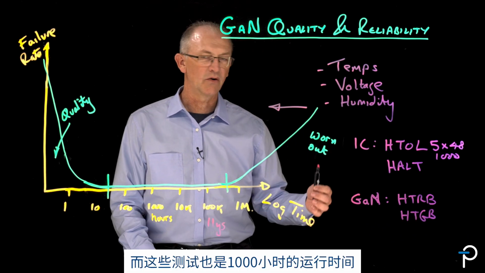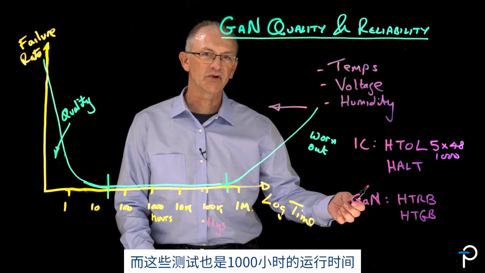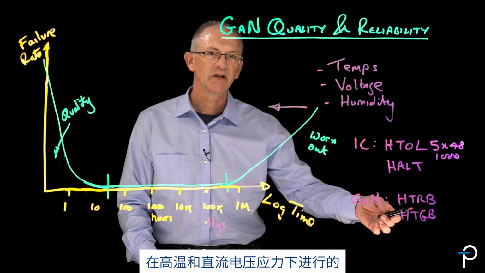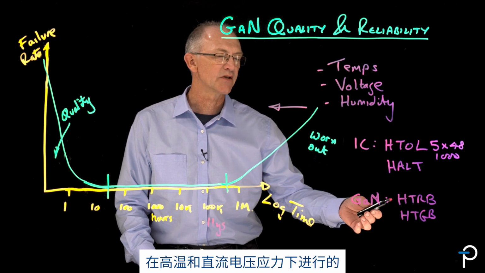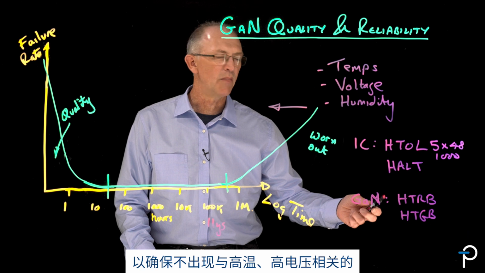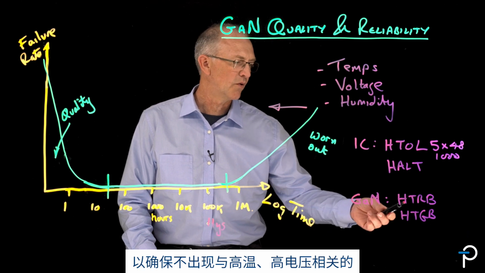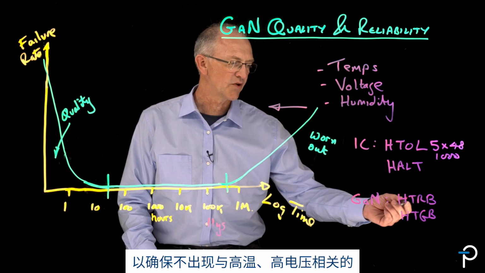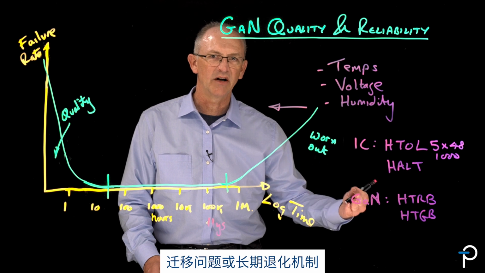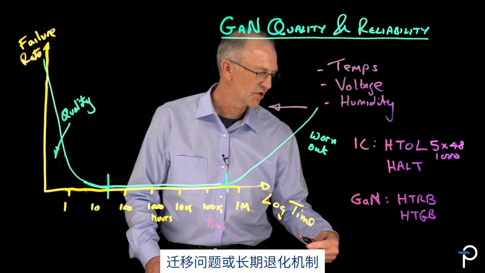And those tests are also 1,000 hours at elevated temperature under voltage stress, under a DC voltage stress, to make sure there are no migration issues or long-term degradation mechanisms associated with high voltage at high temperature.